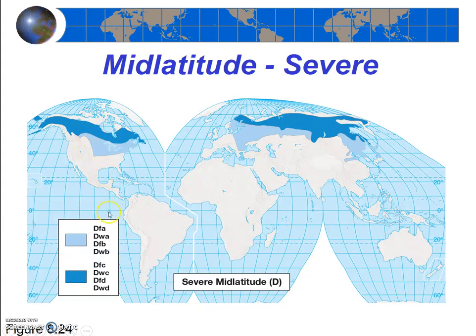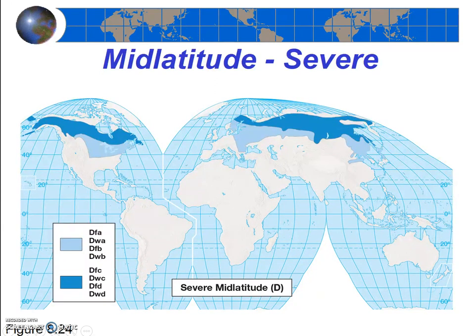Let's check out the southern hemisphere. Between 40 and 70 degrees south, there are no large continents. The only little bit of continent here is part of South America, but it's so narrow here, it's highly coastally influenced, so we wouldn't expect a severe climate in this region here.